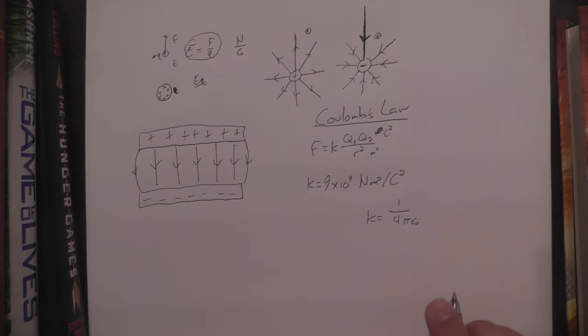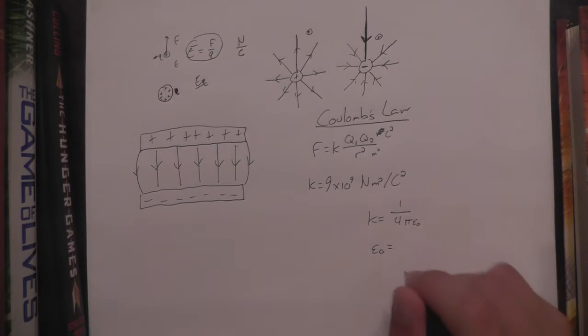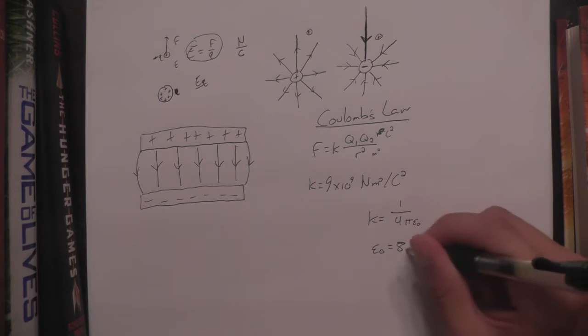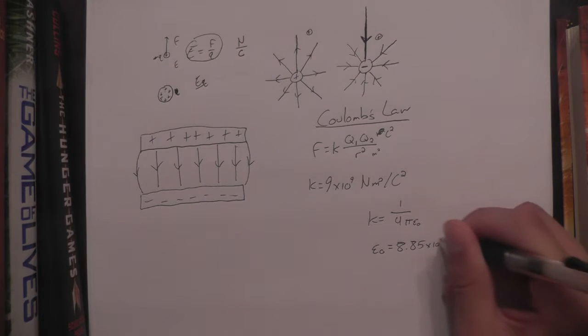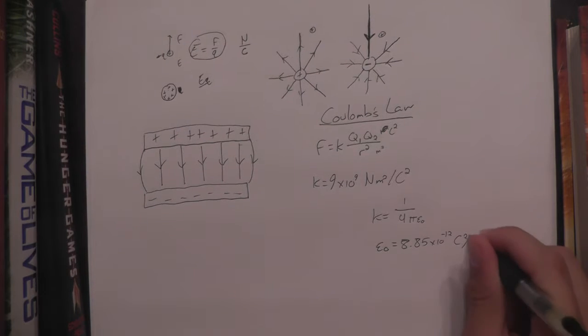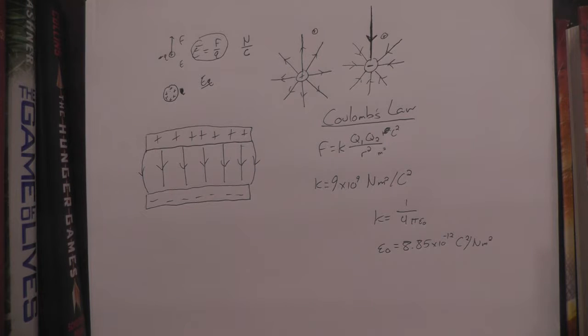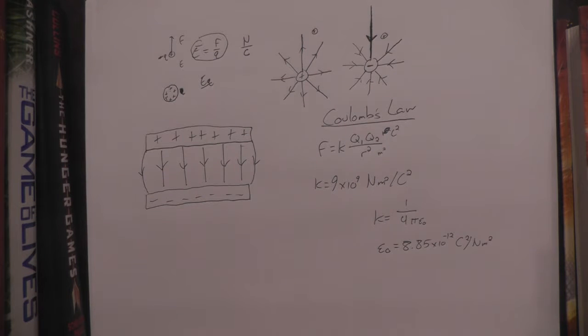We only care about the permittivity of a vacuum. If you want to know what that is, just a little fun fact: the permittivity of free space in a vacuum is 8.85 times 10 to the negative 12 Coulomb squared per Newton meters squared. But that's just like an extra little tidbit. You don't really need to know that. It's not really a need-to-know basis there.